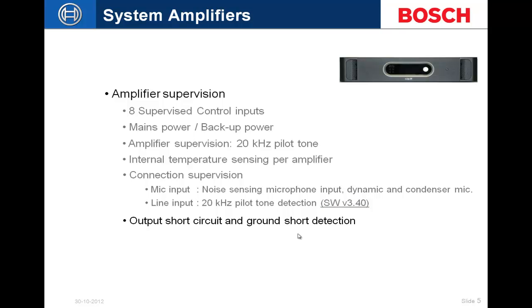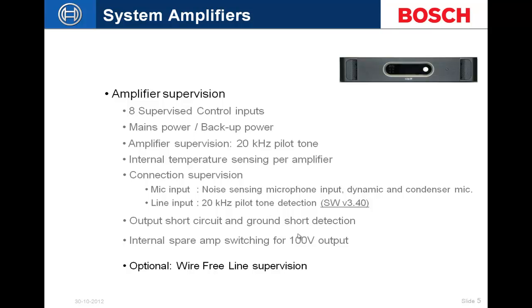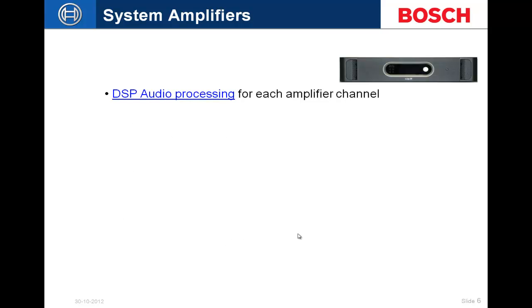Output short circuit and ground short detection built into the system, and spare amp switching for 70 volt and 100 volt systems. And wire-free line supervision, and we will go over that coming up here. Wire-free meaning that you do not need a return line back to the amplifier or any piece of gear to use our end-of-line boards.